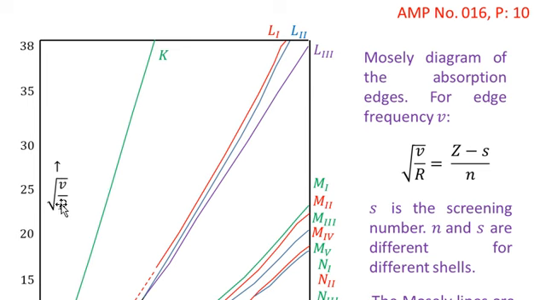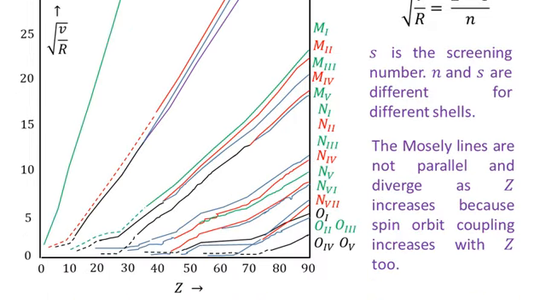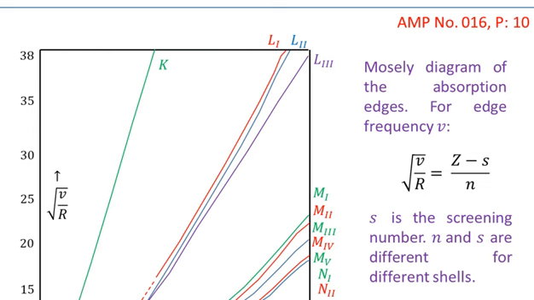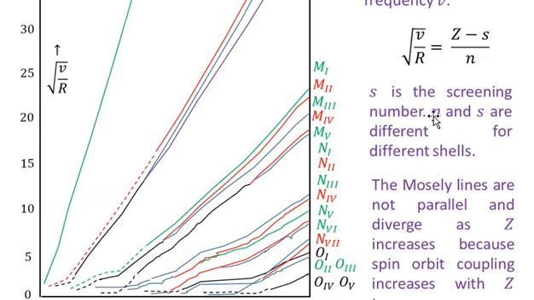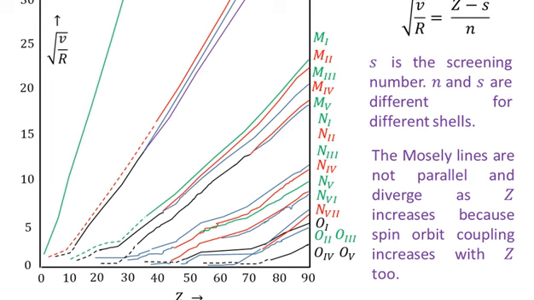This parameter has been plotted along the vertical side, and you see that its value increases from 0 to about 38. Then I have plotted the different series: K series, L series, M series, N series, and ultimately the O series.